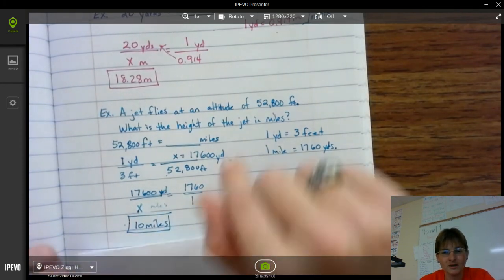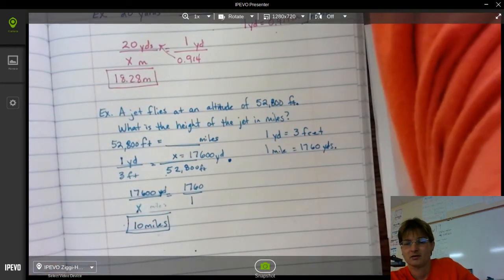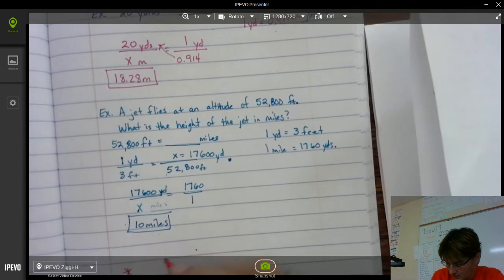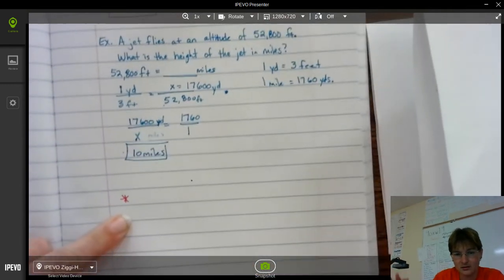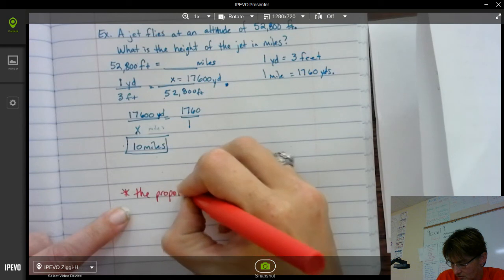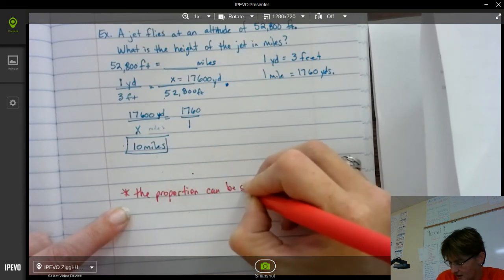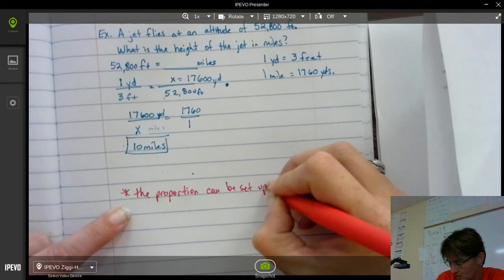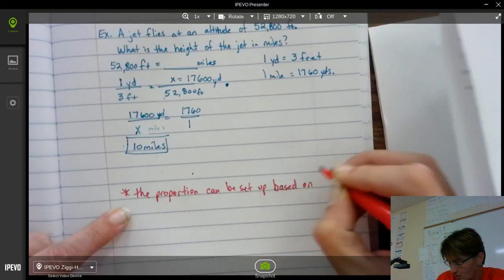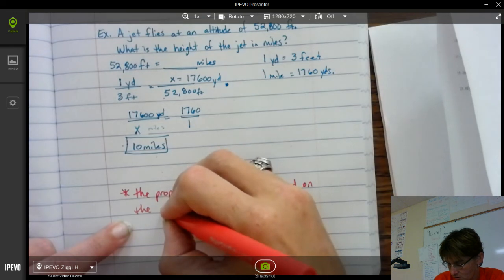Okay, one key thing, and we can write this down: the proportion can be set up based on the chart.